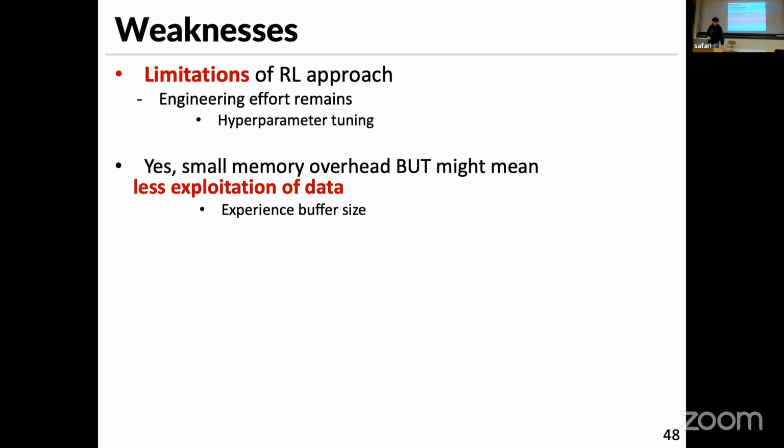And also another limitation is that yes, there is a small memory overhead, but that could also lead to less exploitation of data, which would come, for instance, from a too small experience buffer size.